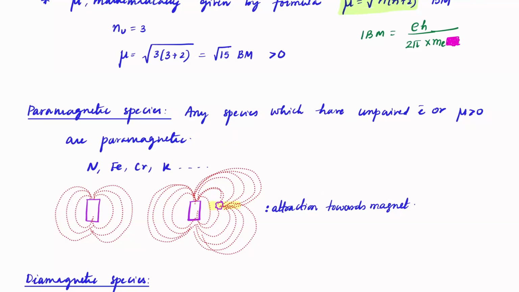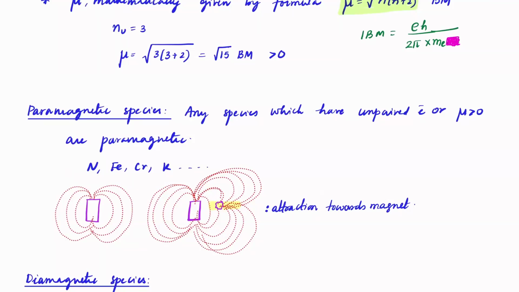Now check. Nitrogen, iron, chromium, potassium, all of them will have at least one electron present in them which is unpaired. So as long as there is an unpaired electron present, we say these are all paramagnetic species.